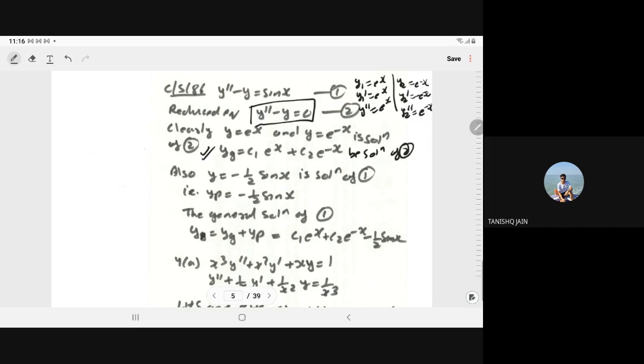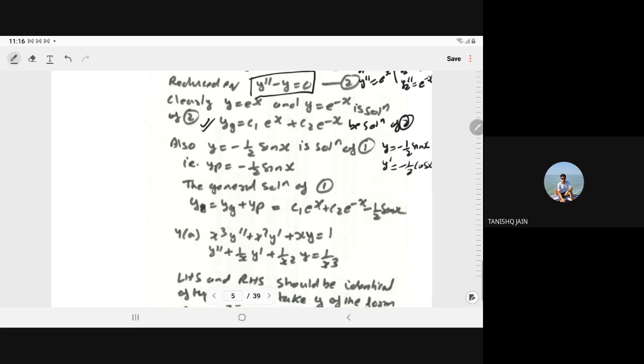Now if you check y is equal to minus half sin x, then y dash will be minus half cos x, and y double dash will be plus half sin x.